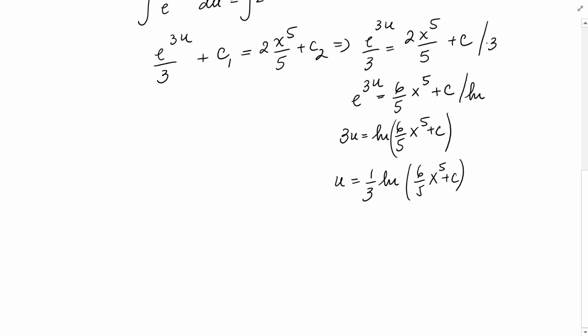But going back to u being y of x, it's going to be 1 over 3 ln of absolute value of, oh sorry, I'm used to putting absolute value, but again I just assume that it's positive. So y of x is my solution in terms of x, so it's written in explicit form.